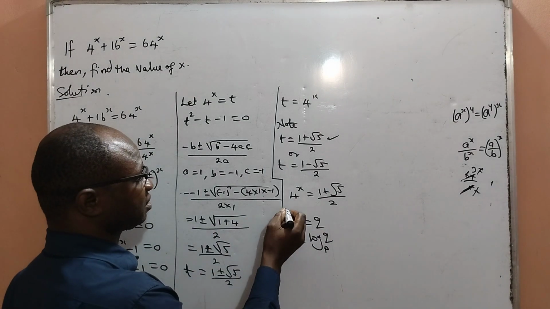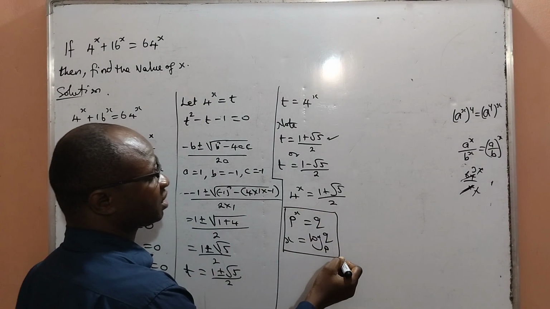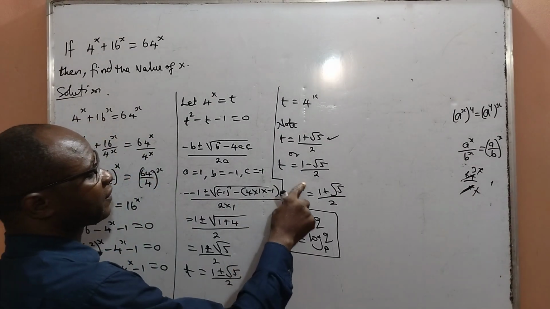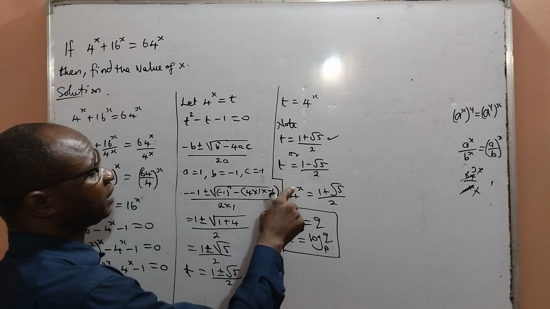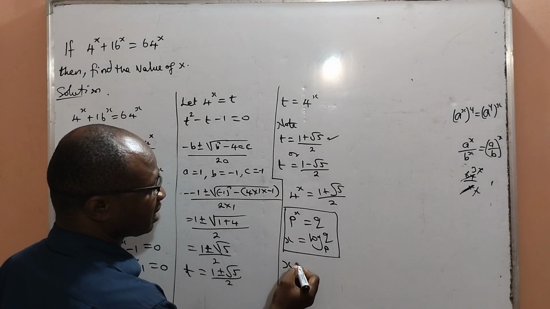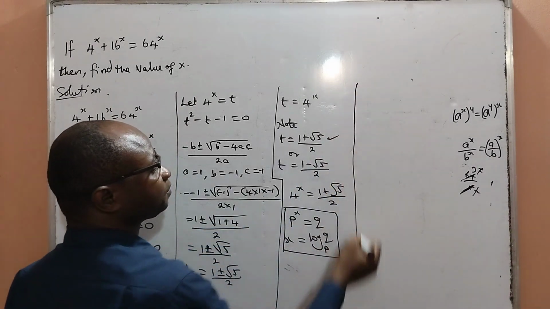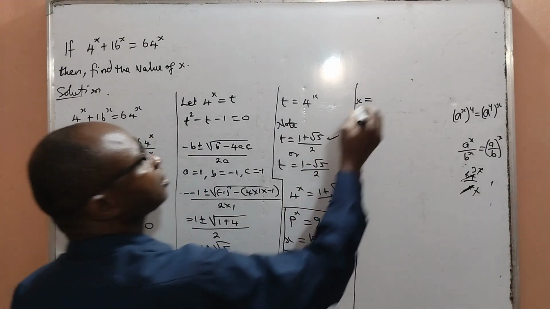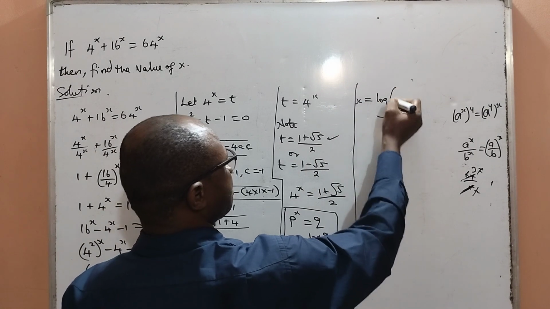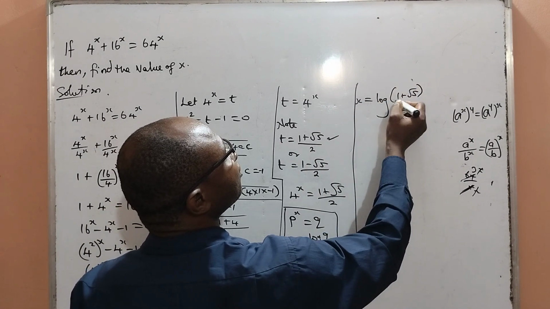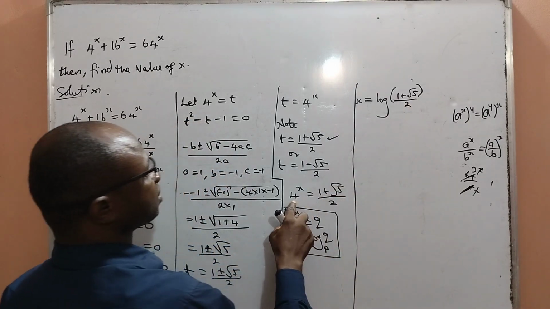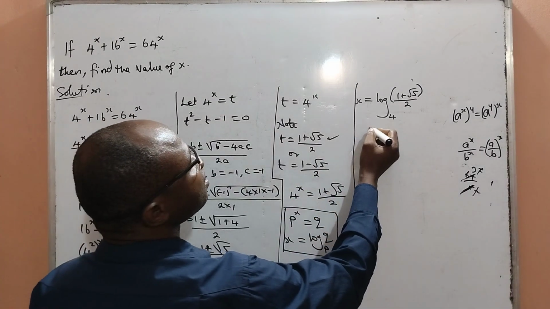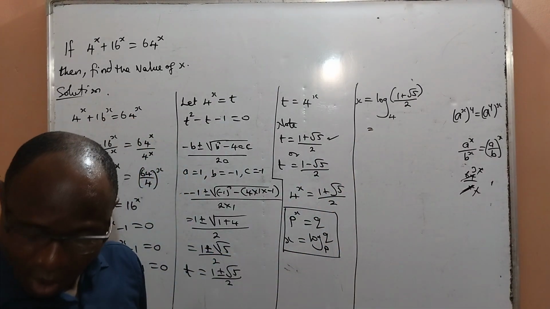I will apply this law of logarithms to what I have, meaning that 4 to the power of x equal to this means that x will be equal to the log of 1 plus root 5 over 2 base 4.